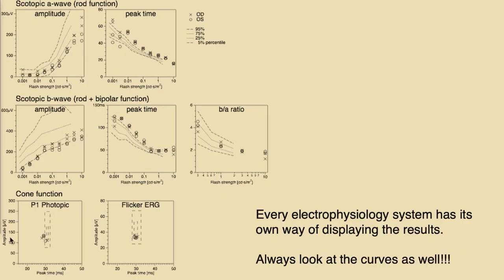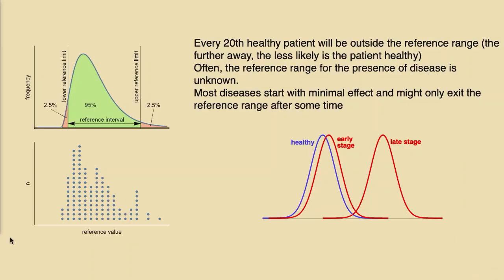So these reference ranges are important to give you an idea of whether a signal is roughly how we would expect it or very much away from the normal range. But you should be aware that these reference ranges are constructed to represent 95% of the reference population, so-called normal people.